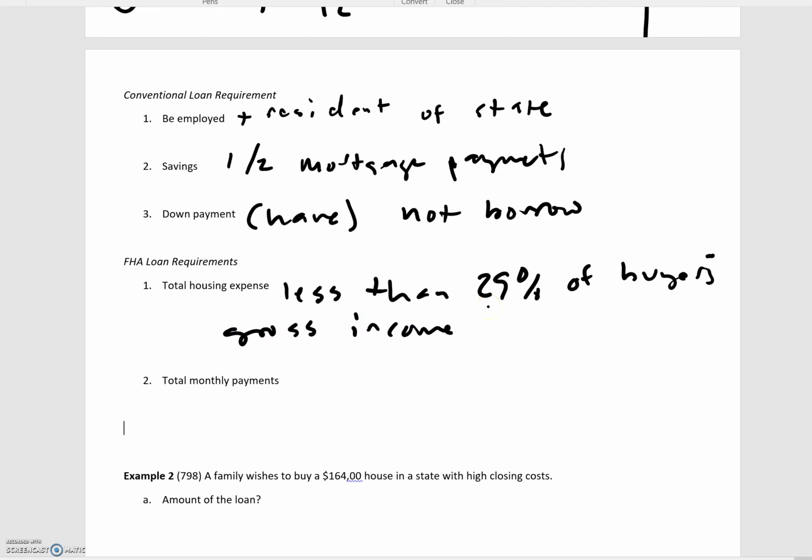And then your total monthly payments, less than 41% of gross income.